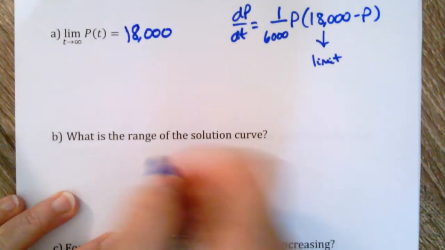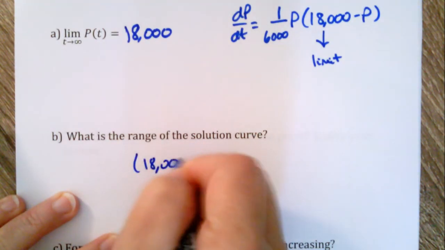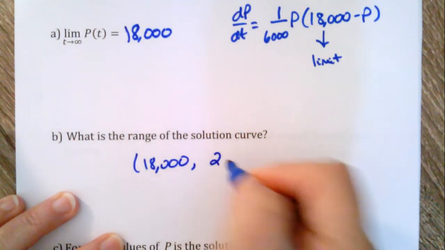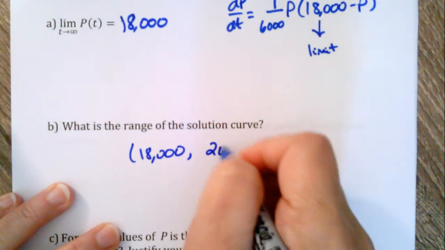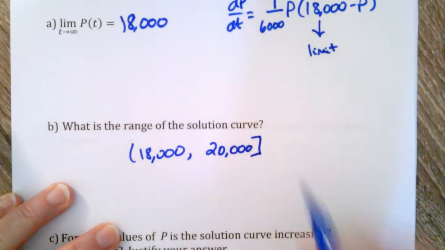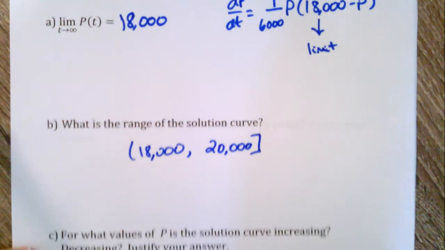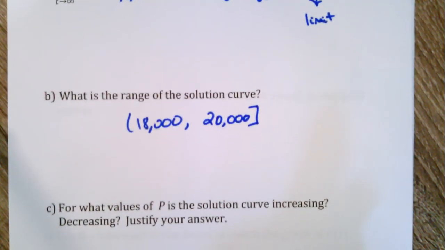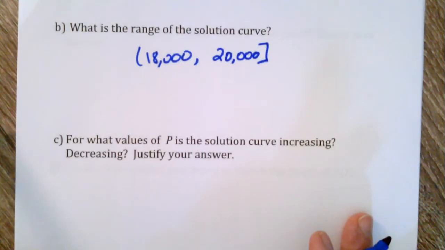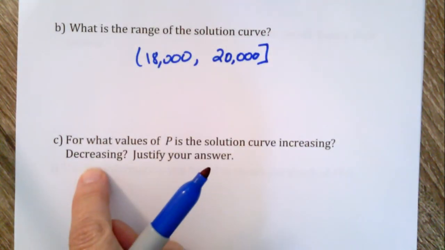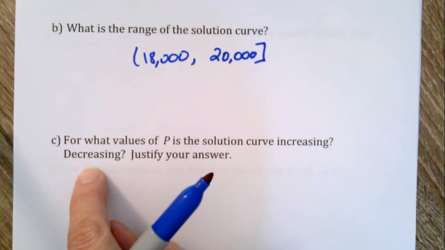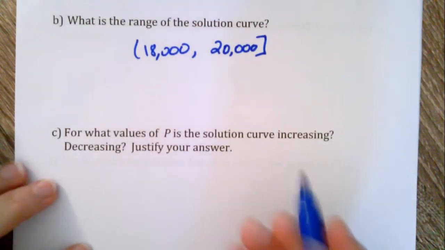And so in this case, our solution range is from 18,000 to 20,000. If you think about it in a real world scenario, the curve is going to have to be decreasing because we're starting out beyond the capacity of the lake.